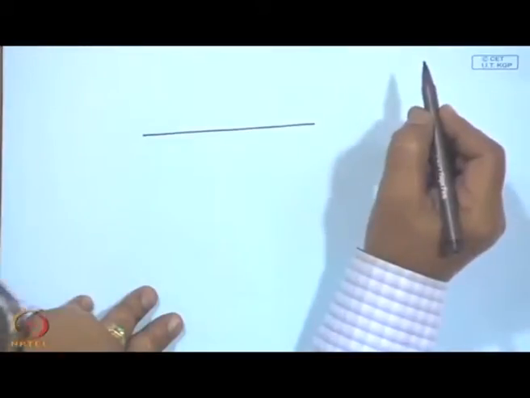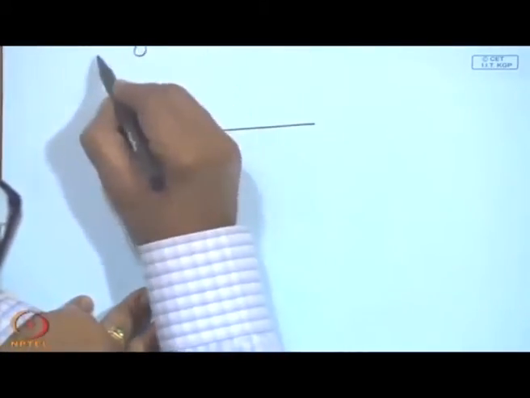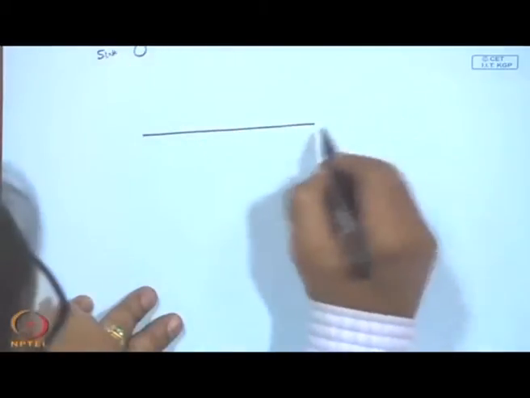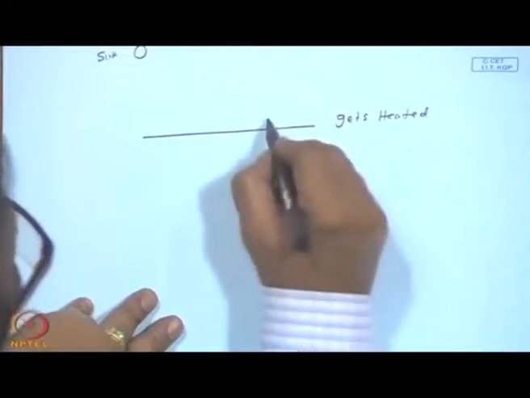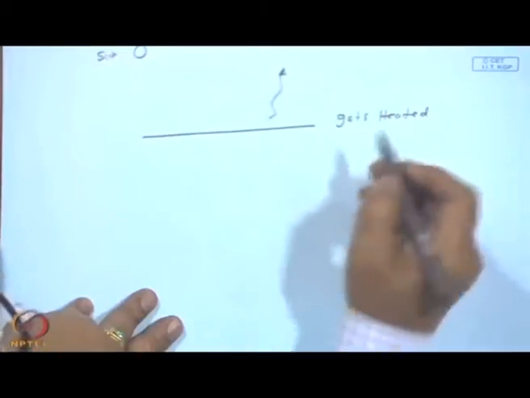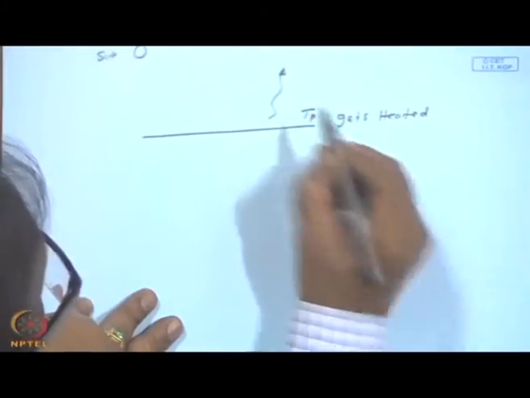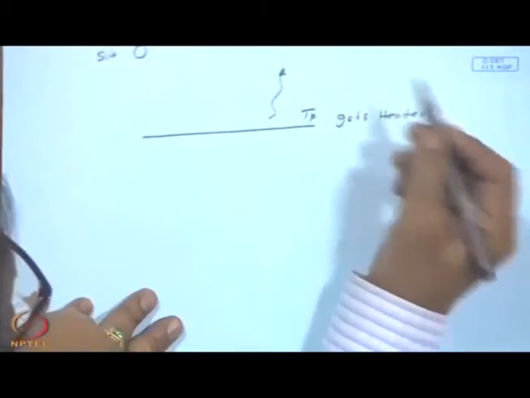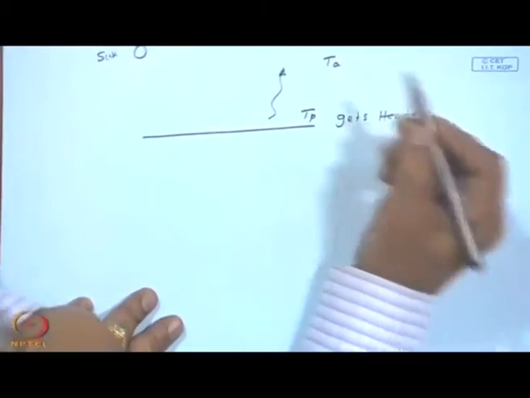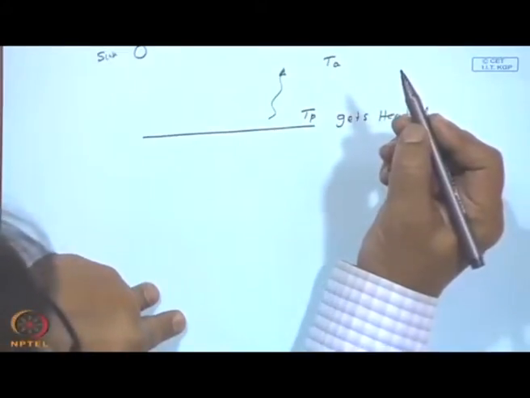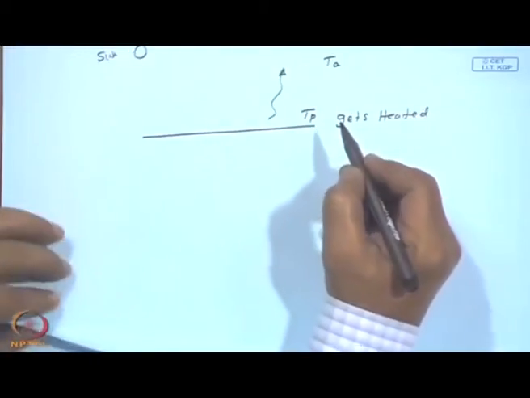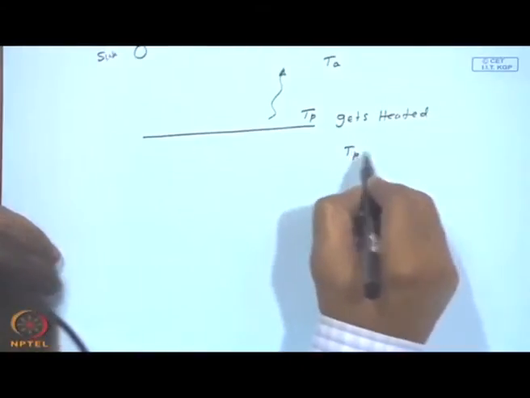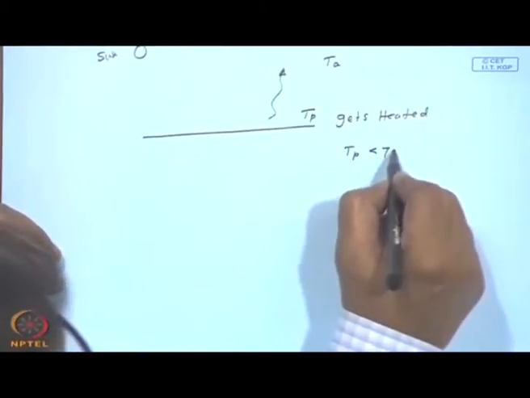Now, suppose you keep a plate outside in the sun, it gets heated and starts losing heat, and this may be some T plate, losing heat to the ambient at T A. You will find no matter how long you keep it like this, even if you assume that the sun is continuously shining, T P may be less than 70 degrees centigrade.